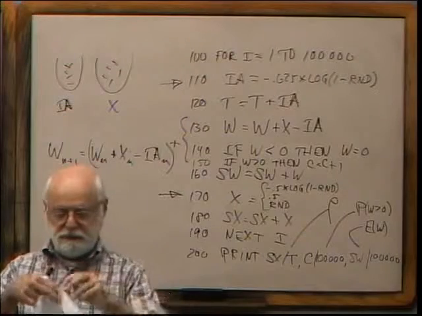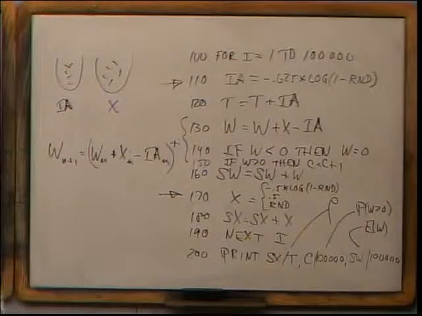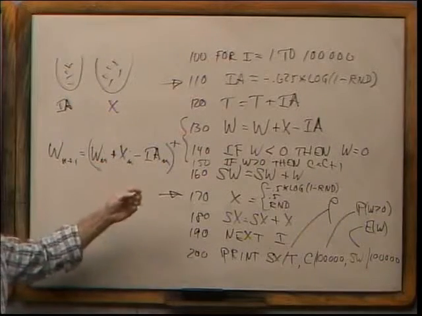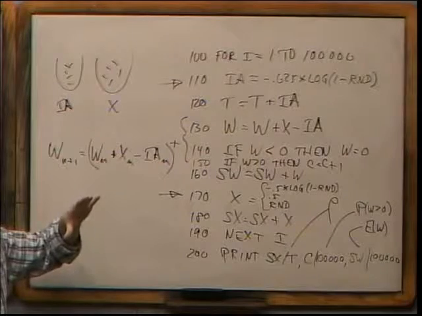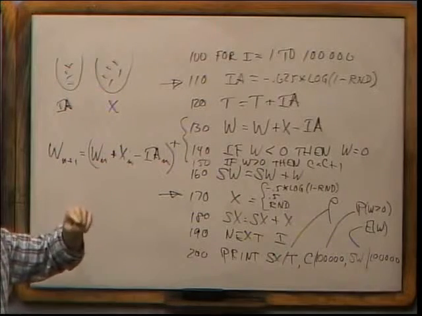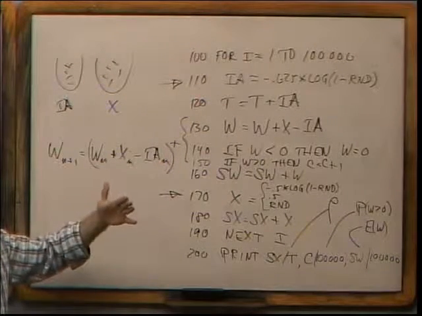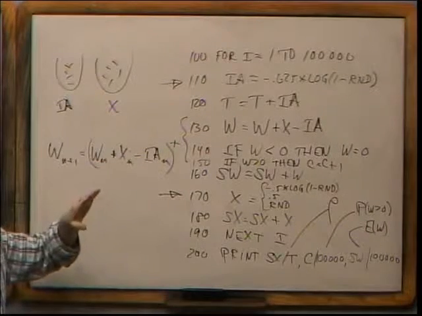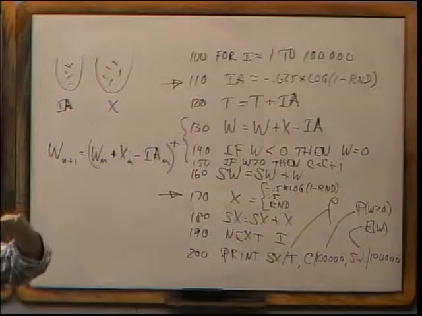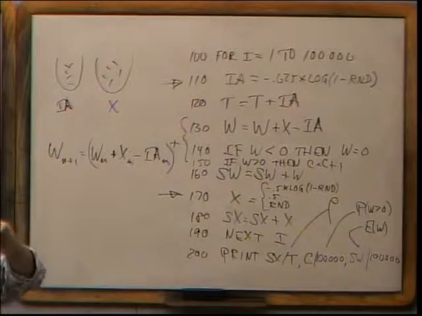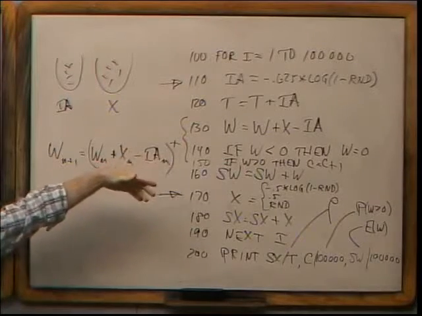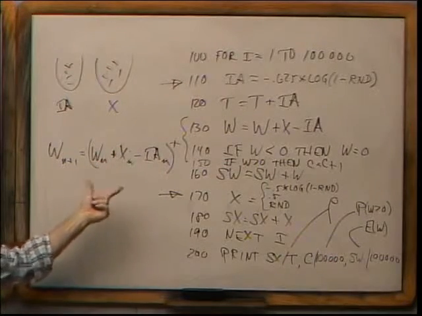Now, if you run this program, the results that you get here should be the same as if you ran your homework number 4, except for one server. Homework 4 is the Erlang delay model, right? So in other words, you have a choice. The code here is, of course, much different. And what I like about this, what's so elegant about it, is that all the logic is right here in this recursive relationship.